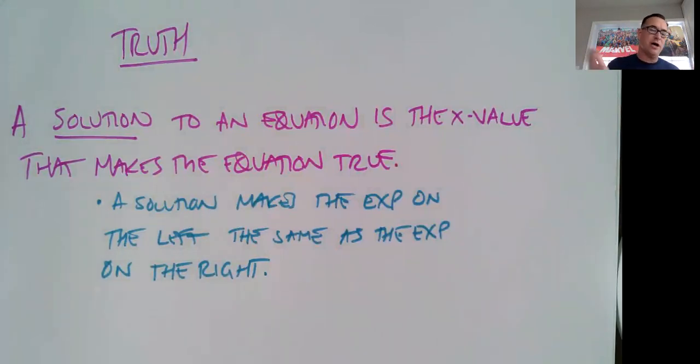I watched Mr. Kennedy, one of the other algebra teachers. I watched his video talking about some of this stuff and the way that he wanted to teach it. I like being able to look at what other teachers do and use that. One of the things he said is that as we go further on in the year, solutions get more and more complicated. That's actually not true. A solution will always be the value that makes the equation true.